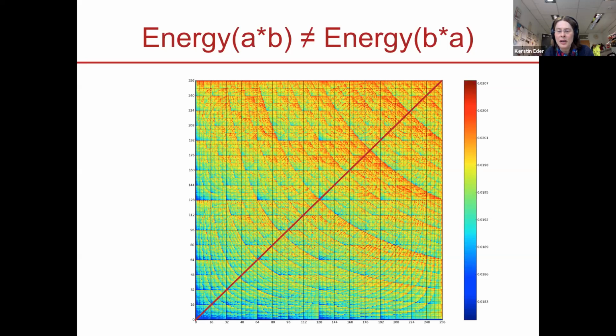There is a question of why the energy of A times B is not the same as B times A. Interesting question, but I suggest you try out a long multiplication where one of the operands is maybe a 2-digit number and the other one is a lot larger, and see how the calculation goes, how many steps and how many multiplications and additions, and then you can add this together and see.